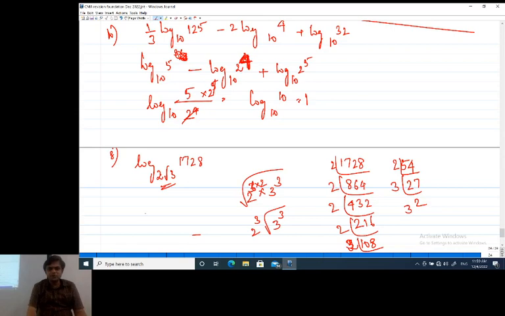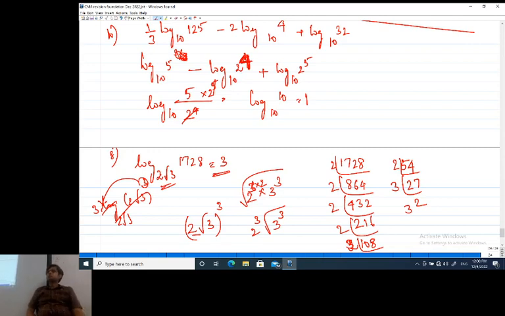So I can rewrite this as 2√3 the whole cubed. Correct? Agree? So I can rewrite this as log of 2√3 the whole cubed base 2√3. So the cube comes in front, this becomes 1. So this answer will be 3. Understood?